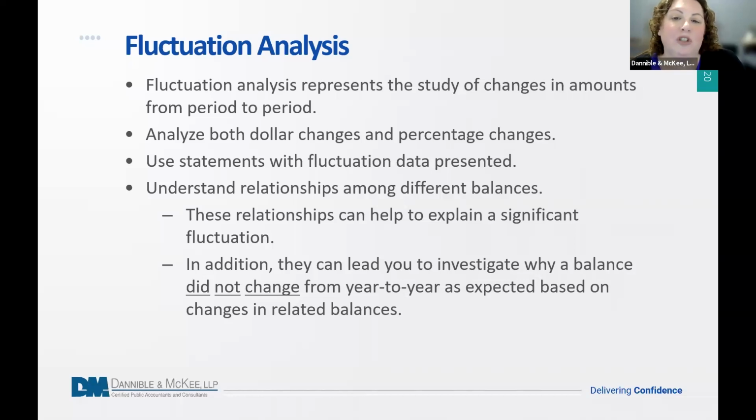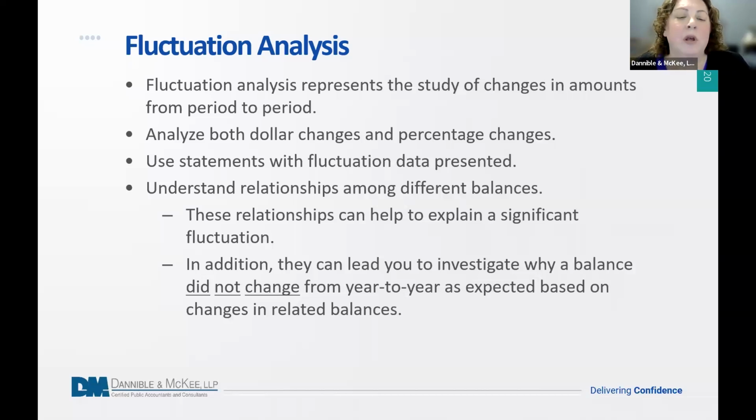Use statements with fluctuation data presented. Okay, so again, just mentioned adding those columns and then understanding the differences. I think that when you see this on paper, you really can help build the relationships of why things fluctuated. So if your cash is down, possibly receivables are up, and it's really clear when you see cash going down but receivables going up, that's very understandable.